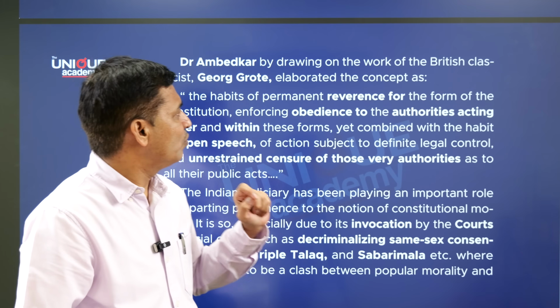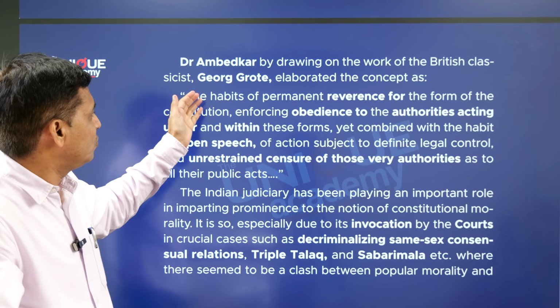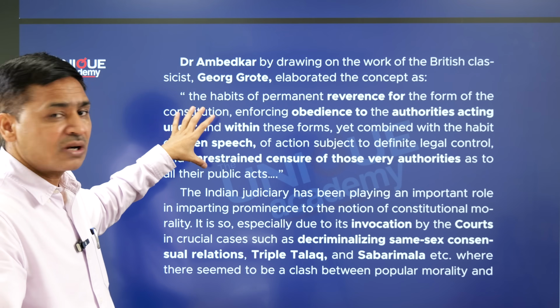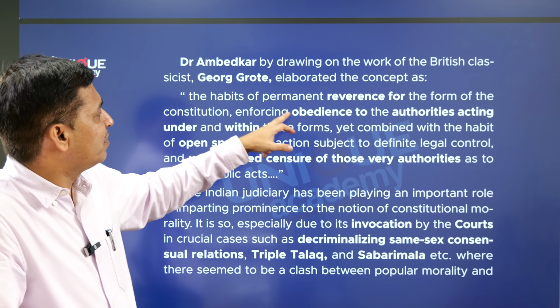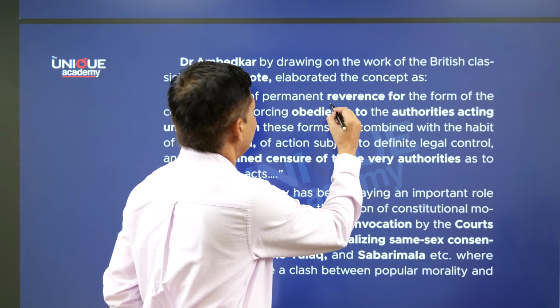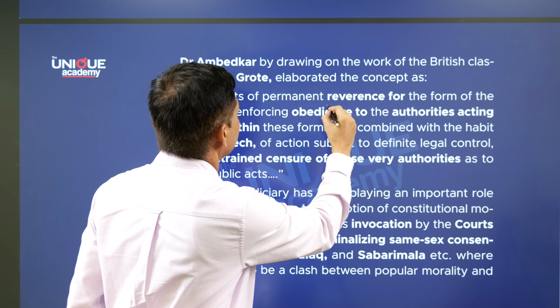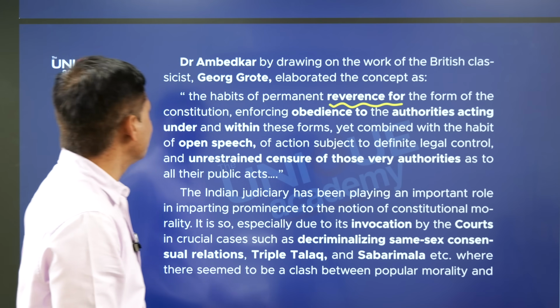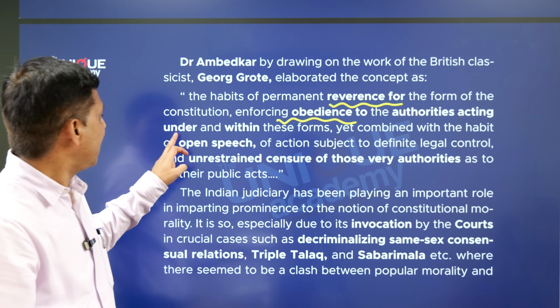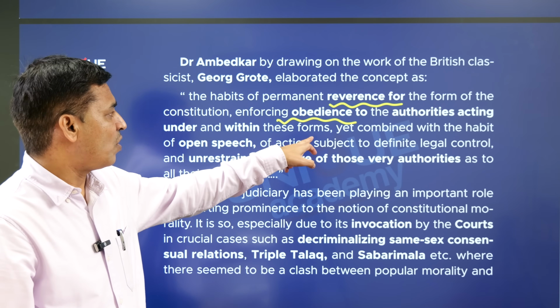Now, Dr. Ambedkar, by drawing on the work of British classicist George Grote, elaborated the concept. This is a quote by Dr. Ambedkar: the habits of permanent reverence for the form of the constitution, we have underlined that important part, enforcing obedience to the authorities acting under and within these forms.